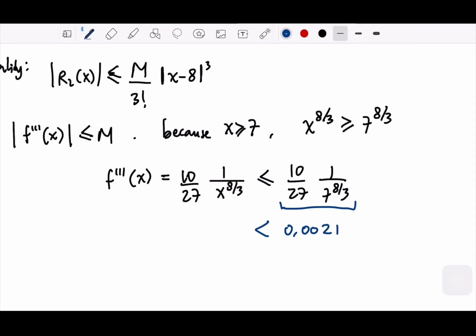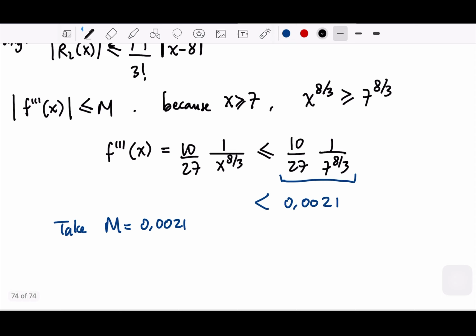Maybe they give you information on the interval of x, or something related to the error, or maybe they give you the exact error. If they give you the exact error, then it should be obvious: your error should be less than 0.0021. So take M equal to that number.